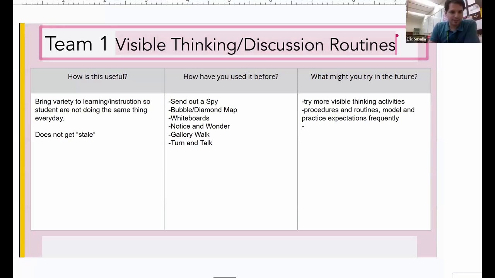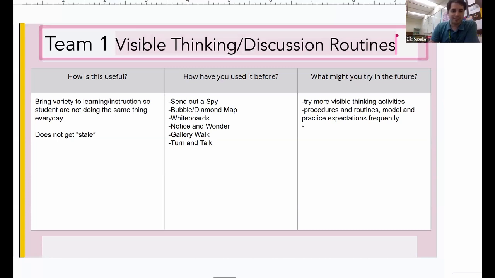I can do it real quick. Thank you. So we talked about how we use all the visible thinking and discussion routines. It just brings a lot of variety into the instruction and the learning for the students, because then they don't feel like they're doing the same thing every day. It's not stale.